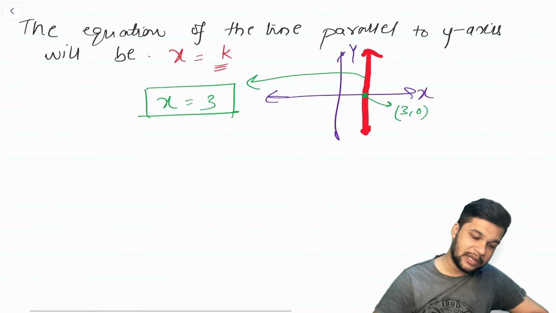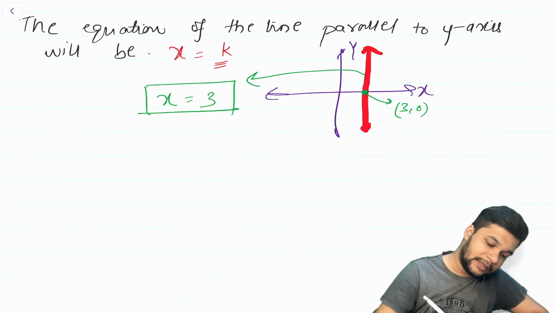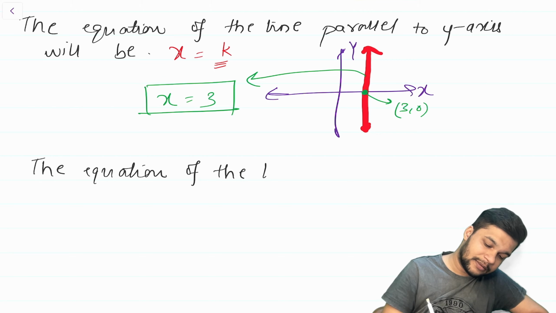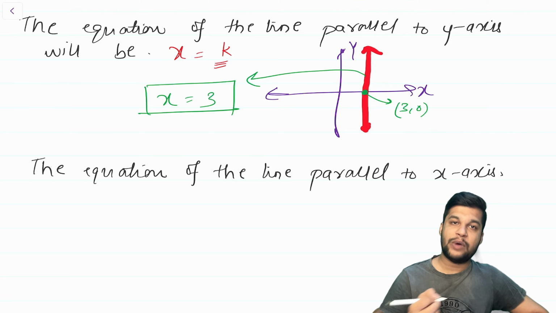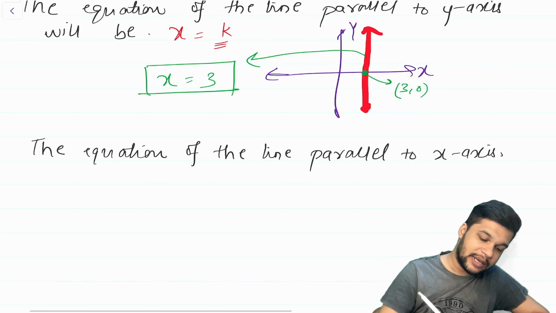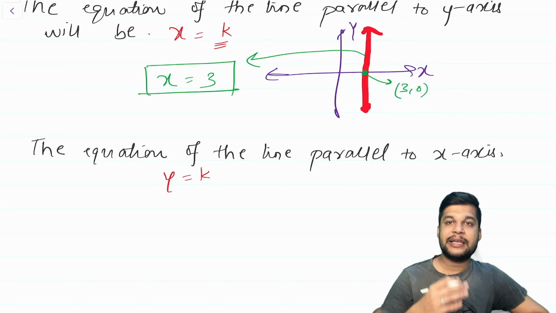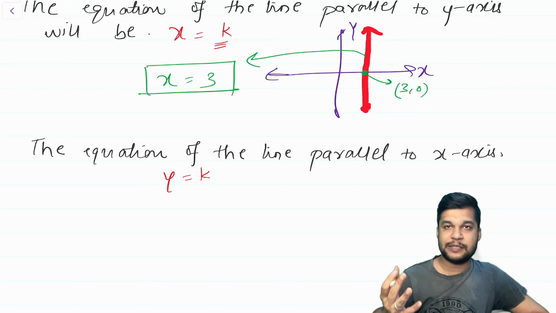Similarly, the equation of the line parallel to the x-axis will be y equal to constant, where the constant is again the point from where the line is passing.